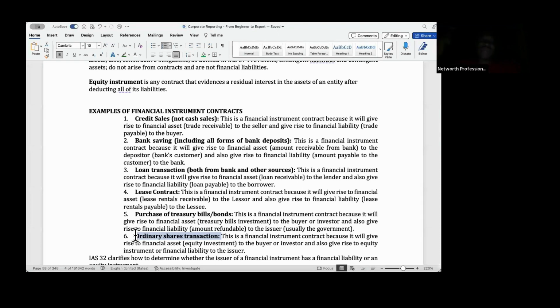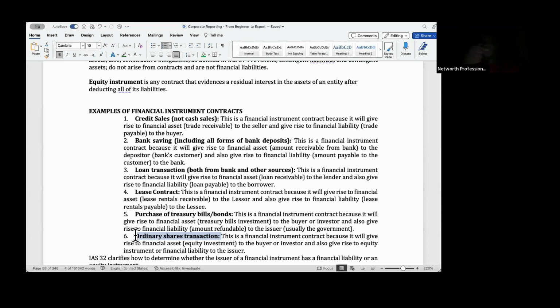You see, those other investors that have given you that money or that believe in your vision and invested in your business, those guys, they now have an equity instrument of your entity. Don't forget, that's one part of the definition of a financial asset. A financial asset is an equity instrument of another entity.